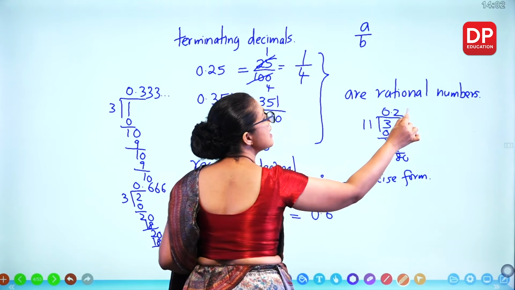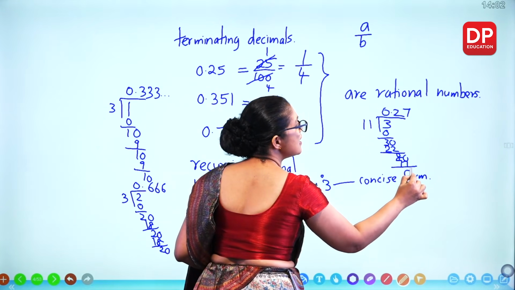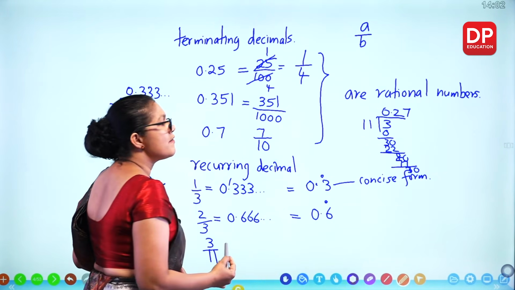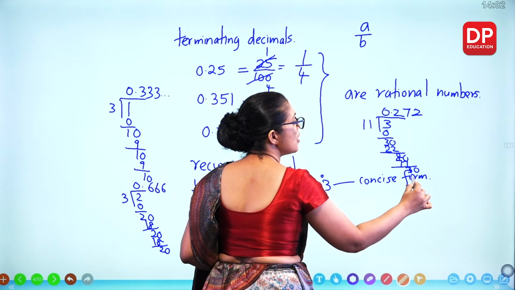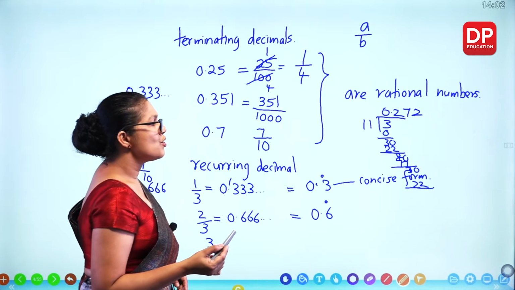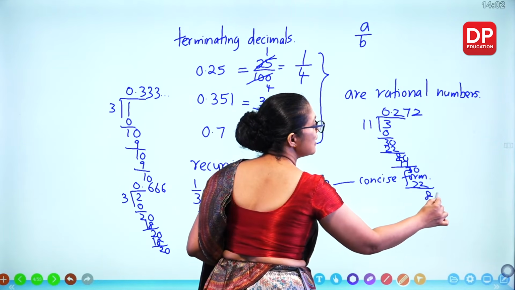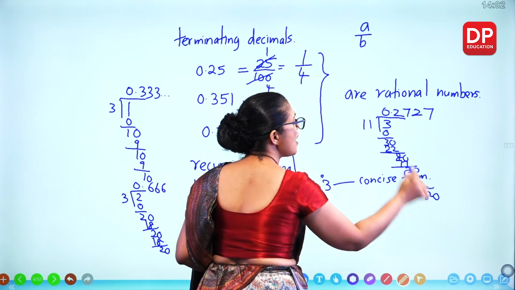For 80, that's 7. 7 times 11 is 77. Another 3 remaining. For 30, 11 times 2. Again, 11 times 2 is 22. 30 minus 22, you get 8. Again, 80, this is 7. So what can you see now?